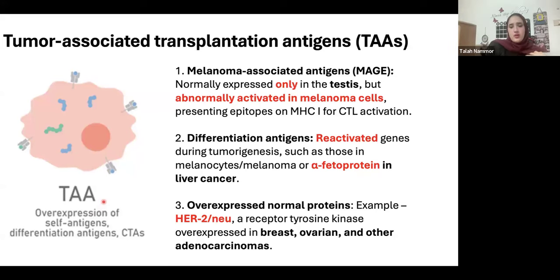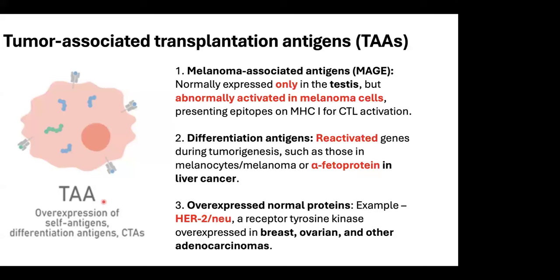MAGE, for example, is naturally found in the body. But these antigens, if they undergo something wrong, if they mutate, if they're overexpressed, or if the differentiation has something weird in it, that's when they're associated with a tumor cell.